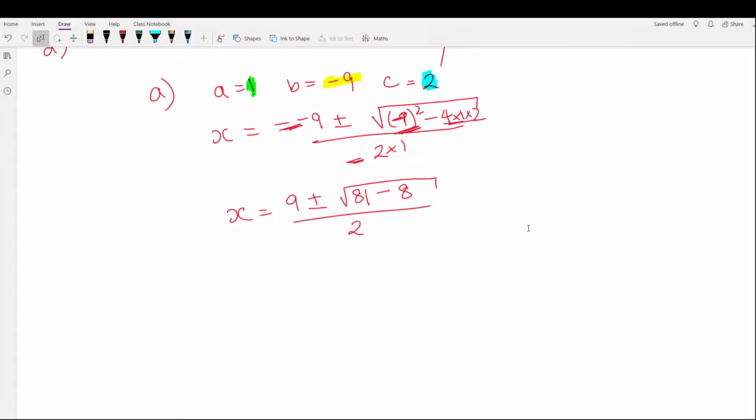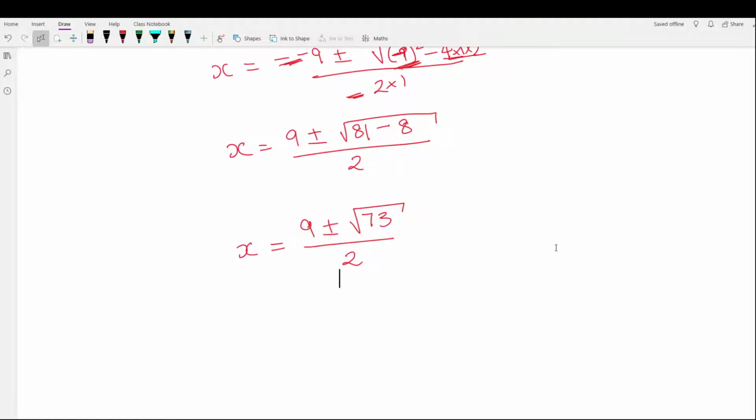So x is equal to 9 plus or minus the square root of 81 take away 8, and 81 take away 8 is 73, over 2.